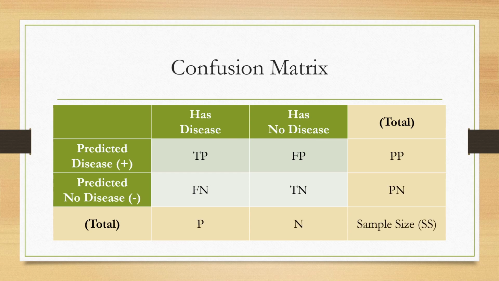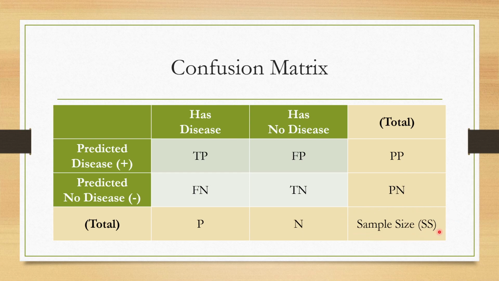The notation for our marginal cases for just the confusion matrix, we'll use P to represent the total number of actual positives, N to represent the total number of actual negatives, PP to represent the total number of predicted positives, and PN to represent the total number of predicted negatives. Now, again, this notation is not typical in a regular contingency table, but is more typical in a confusion matrix.